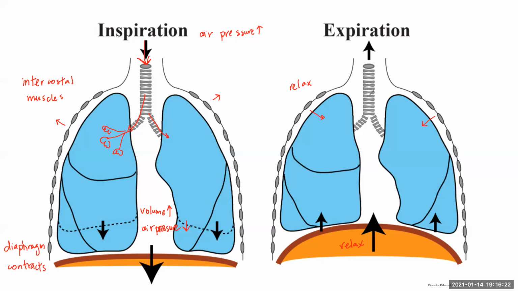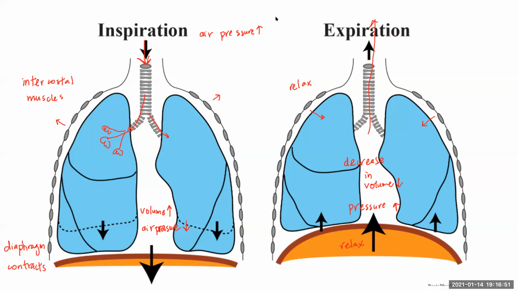This causes the thoracic cavity to decrease in volume. When the volume decreases, the pressure is now high. This is as if you were squeezing a balloon. This causes the air to be squeezed out of the lungs.